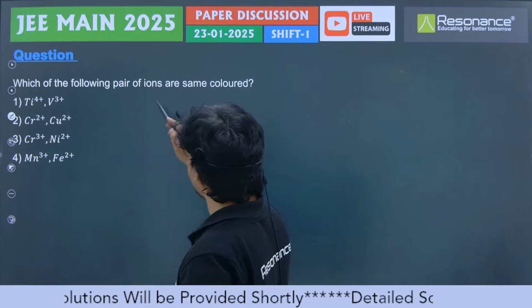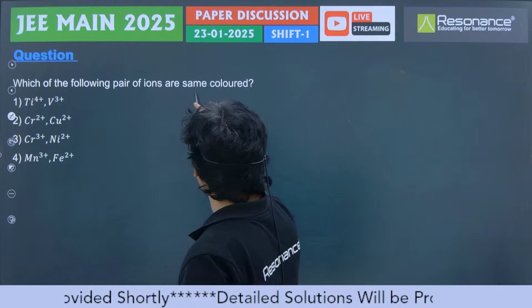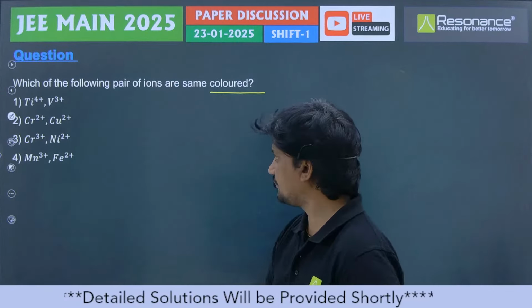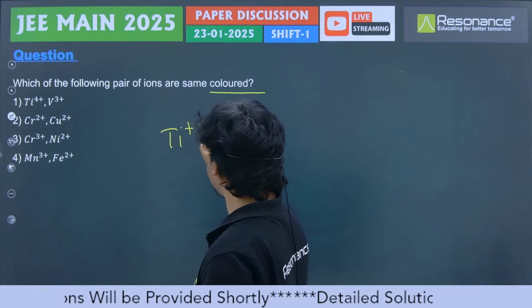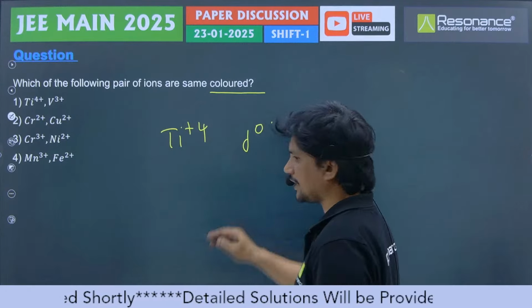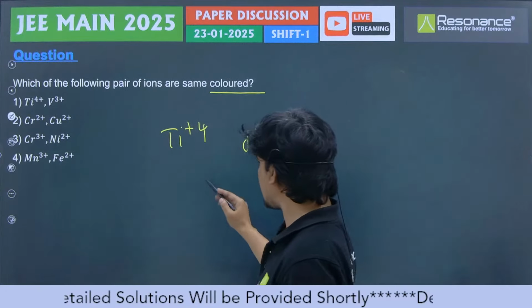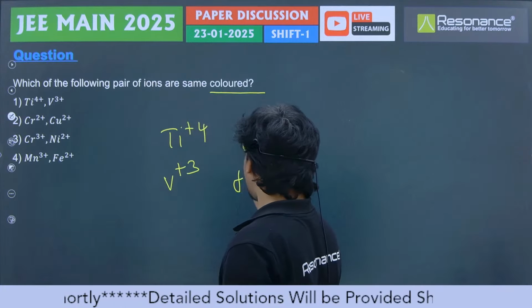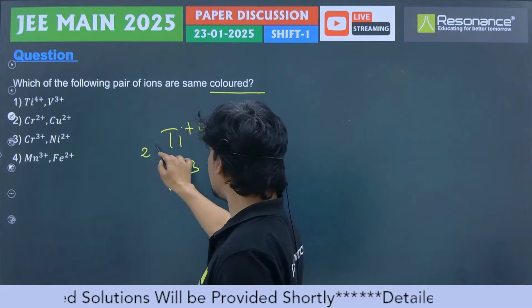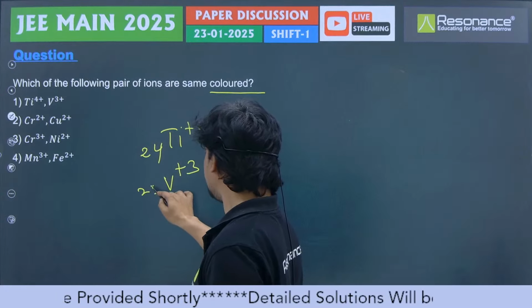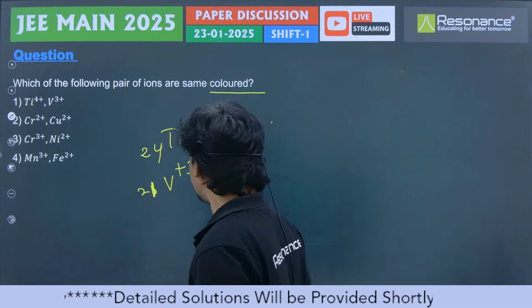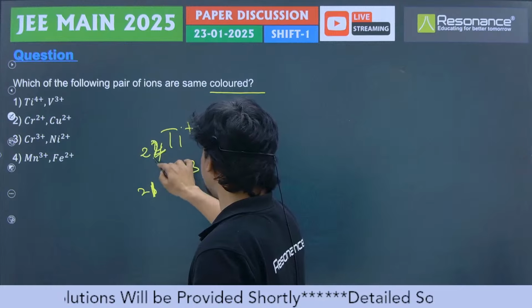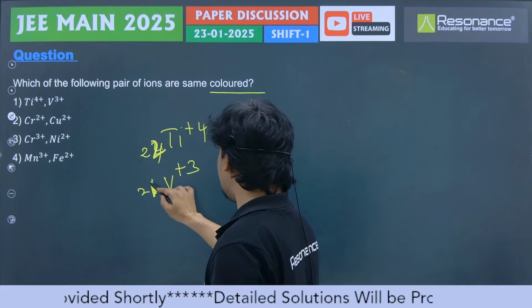Right, it is given which of the following pairs of ions are the same colored. Let us see the first one, Ti plus 4, d0 configuration, there are no unpaired electrons, and we have V plus 3, which is also d0 configuration.